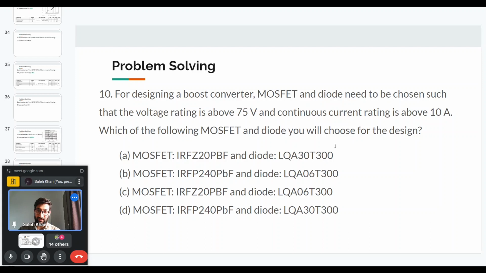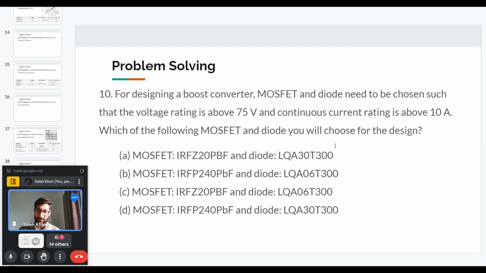Next, we can also look at the data sheets of the two diodes, and we can see that both of these diodes have the voltage rating 300 volts. However, the current rating of the top one is less than what we require. It is only 6 amperes, whereas we require more than 10 amperes. So we have to choose the bottom diode, which has a rating of 30 amperes.